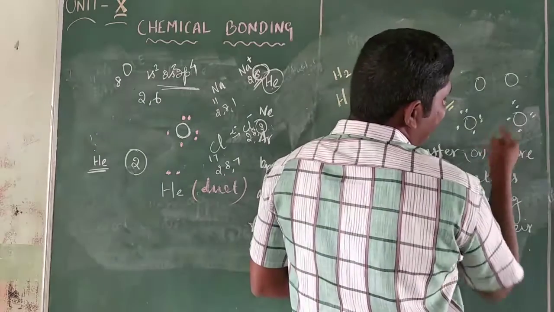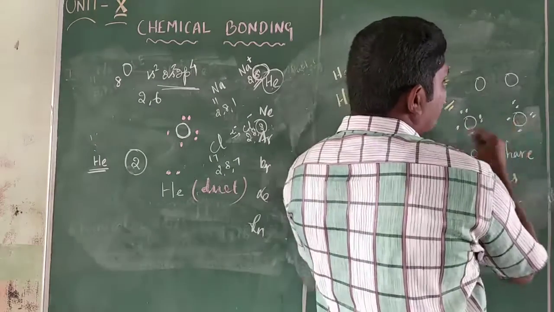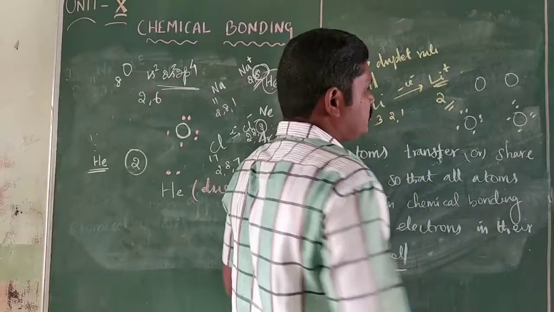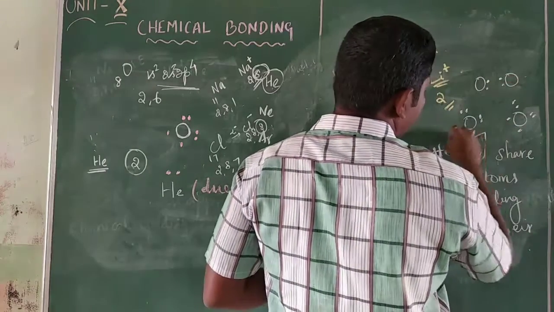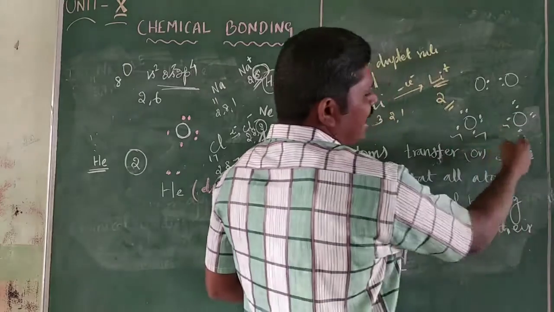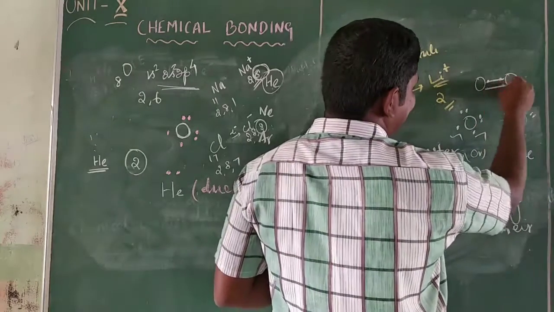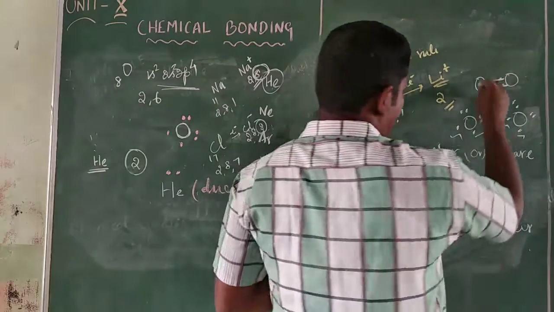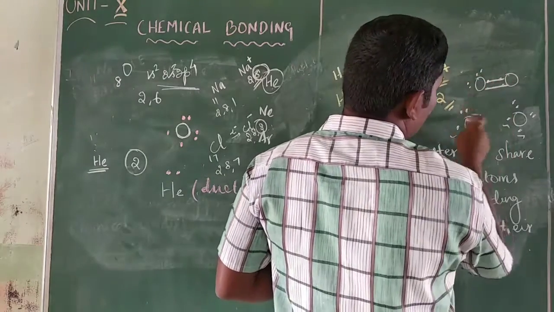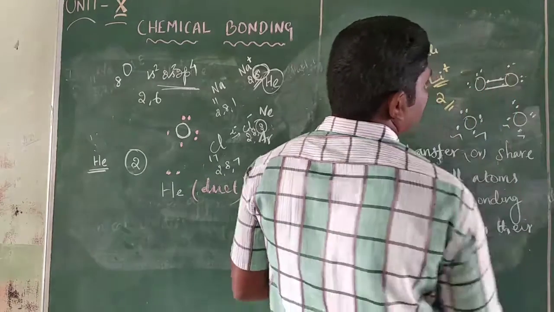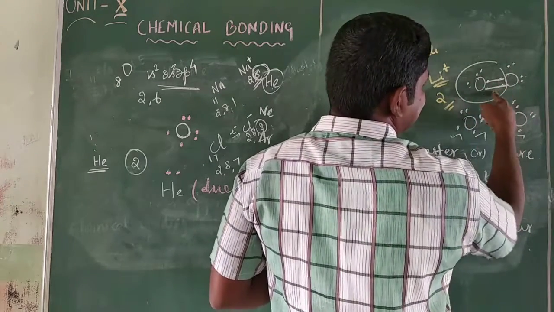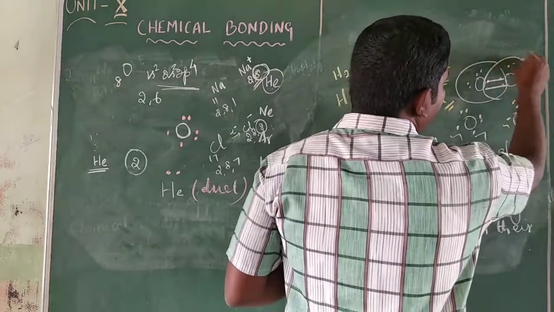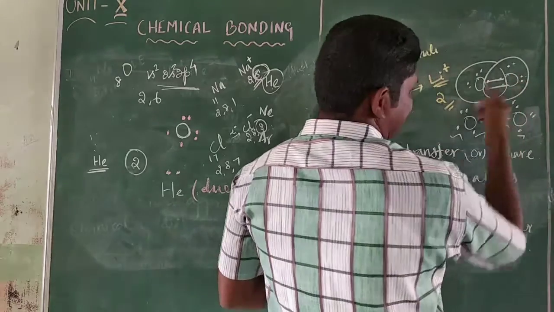The 2 unpaired electrons are mutually shared between both oxygen atoms, right? So the other 2 pairs obey the octet rule. So 2, 4, 6, 8.